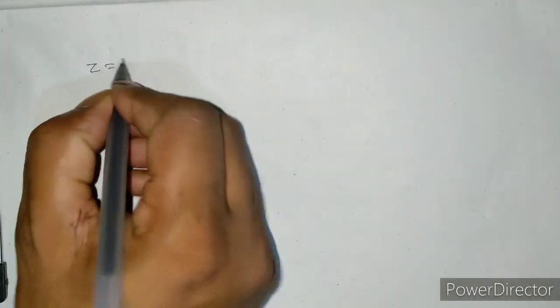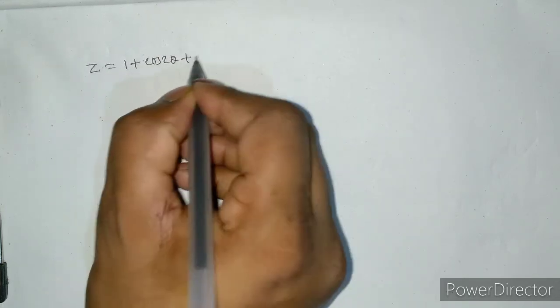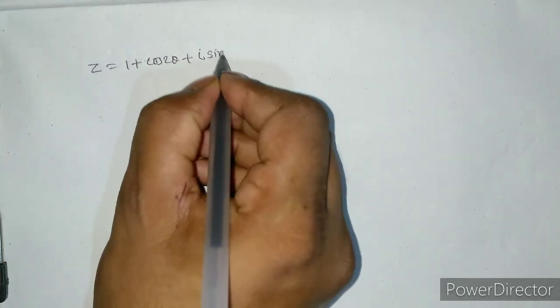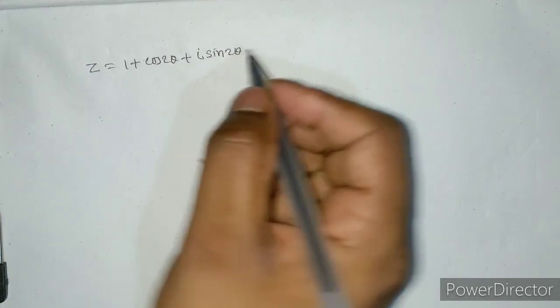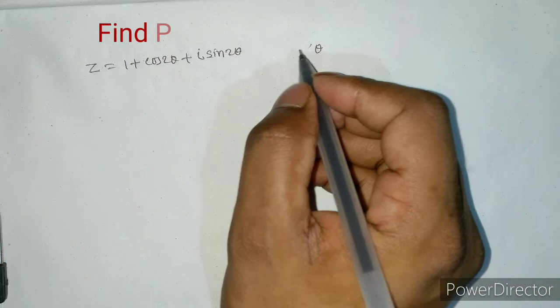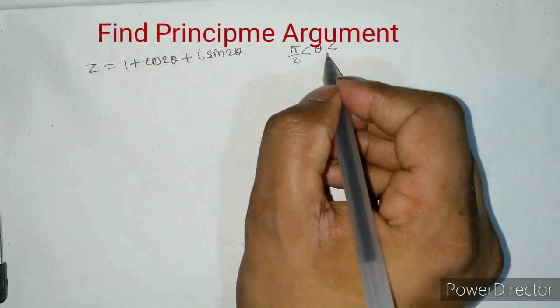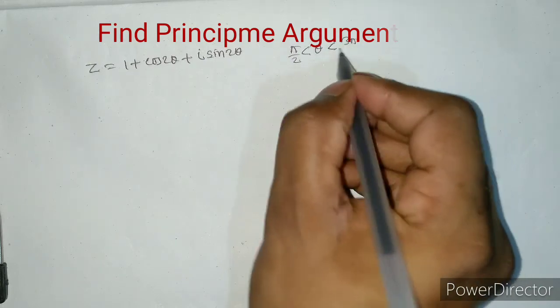Next problem, find the argument of z where z equals 1 plus cos 2 theta plus i sin 2 theta, where pi by 2 is less than theta less than 3 pi by 2.